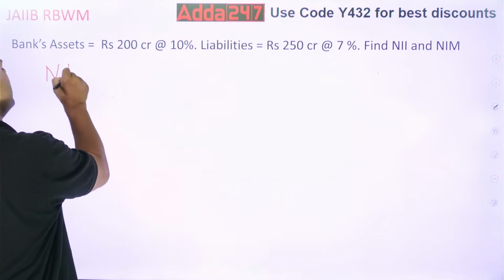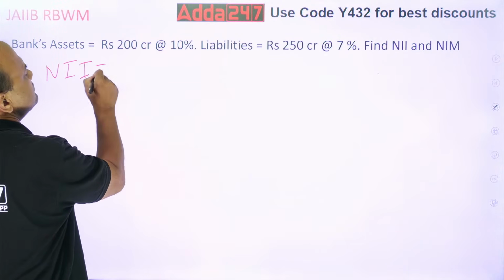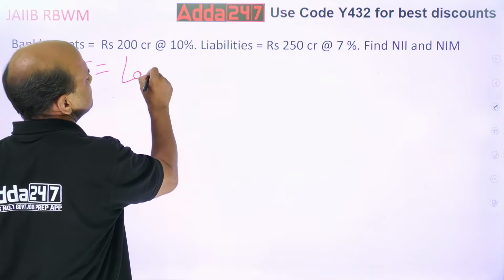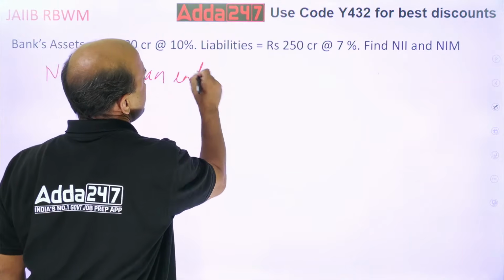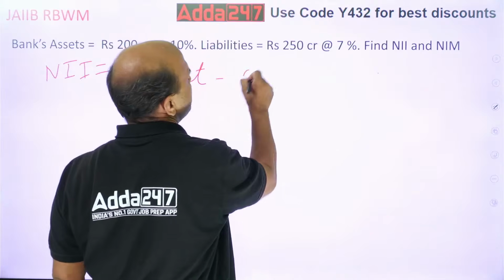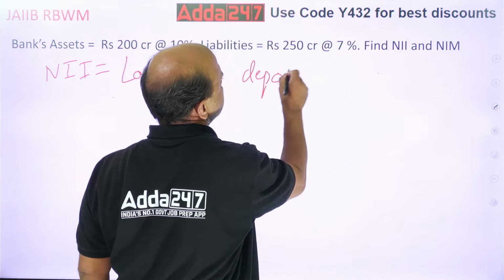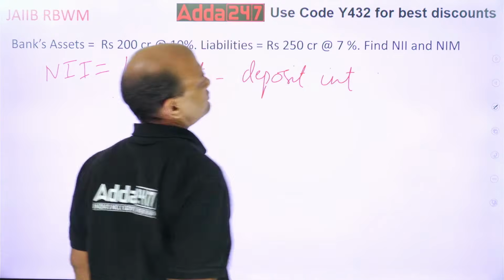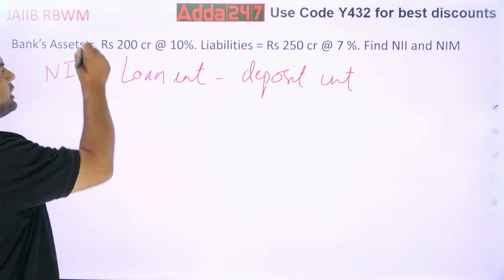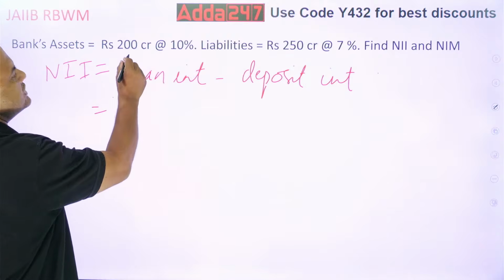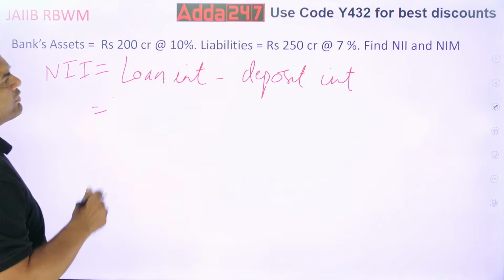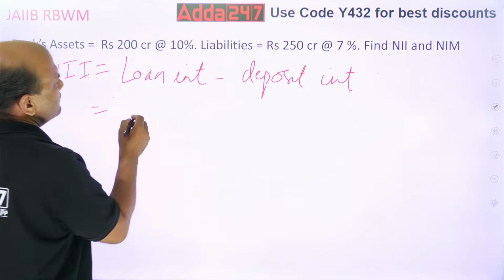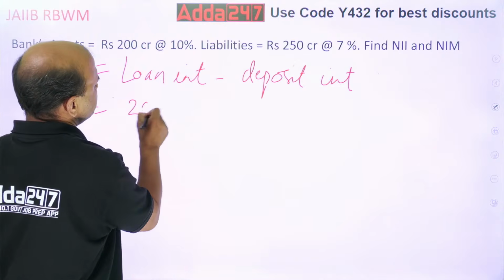NII equals loan interest minus deposit interest. What is the loan interest? 200 crores into 10%. So it will be what? 200 into 10, 20 crores.